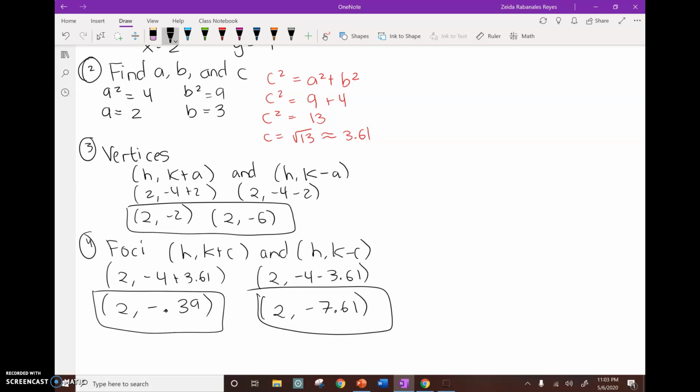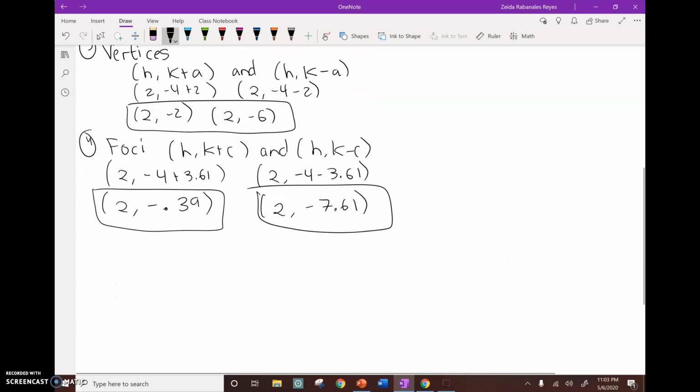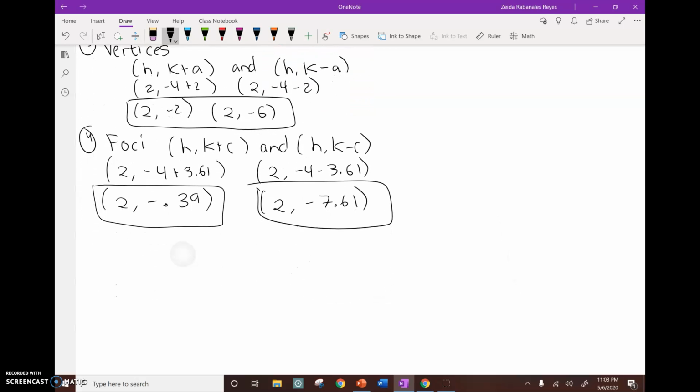Pretty much the only difference here is that a hyperbola has an asymptote. That can be pretty much the hardest part. It has 2 asymptotes. It has a positive line going up and then a negative line going down.